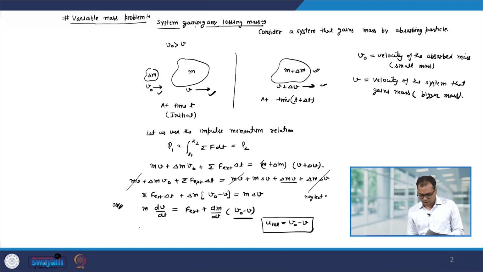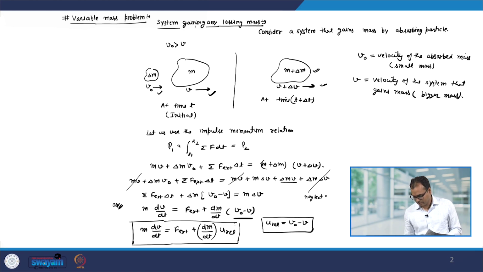Then this equation I can rewrite as m dv by dt equal to F external plus dm by dt into u rel. Note that u rel, the way we have defined it, is v naught, the velocity of the small absorbed particle, minus v, the velocity of the bigger particle.